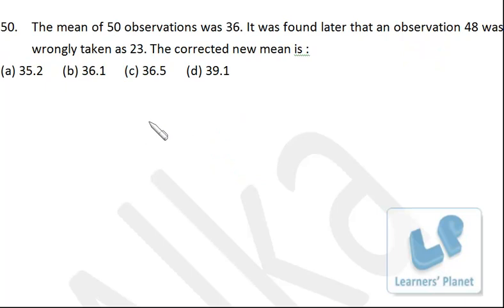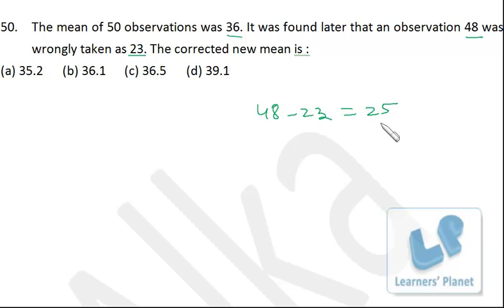Now this problem: the mean of 50 observations was 36. It was found later that an observation 48 was wrongly taken as 23. That means instead of 48, 23 was written, right? So the correct new mean is... Now what was the deviation in all? 48 minus 23, because instead of 48, 23 was written. So the total deviation is 25, right?